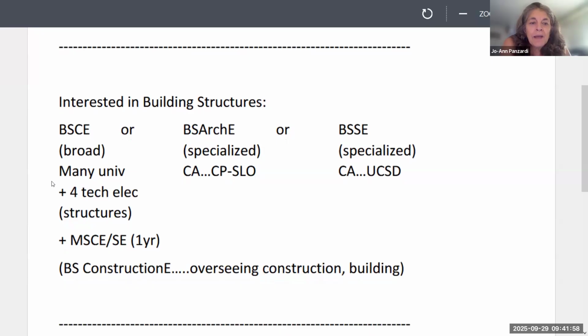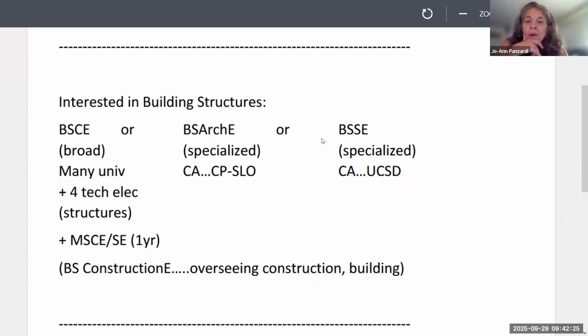I want to go on and explain also that whenever you get a bachelor's degree, you always have a choice of 4 technical electives. And technical electives are electives that you get to choose, but they're in engineering. So if you're interested in designing and building structures, and you're getting your bachelor's degree in civil engineering, which is broad, you probably will take your 4 technical electives in structures.